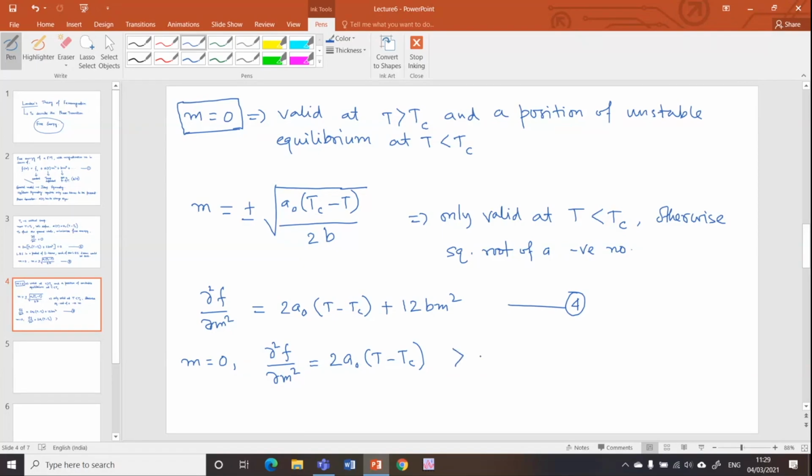This is greater than 0 at T above Tc, and less than 0 at T lower than Tc. So what does that mean? If the second derivative is positive, what does it tell you?